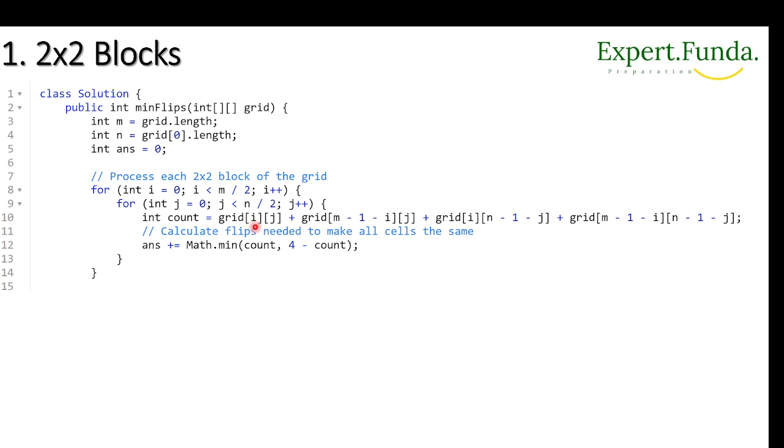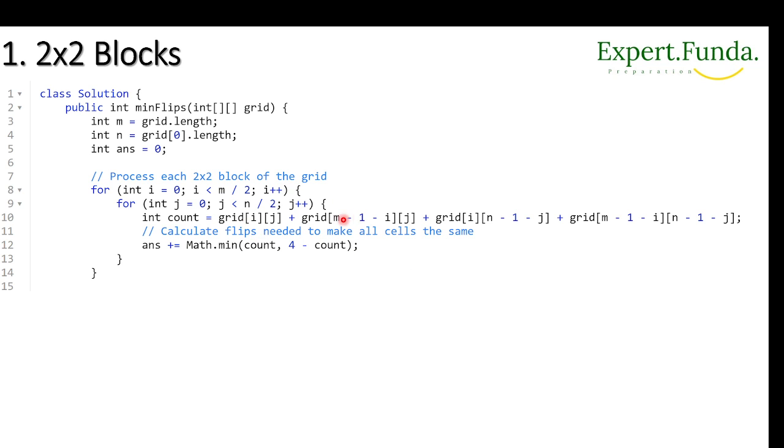So grid at i, j, grid at m minus 1 minus i, grid at i, n minus 1 minus j, and grid at m minus 1 minus i, n minus 1 minus j.